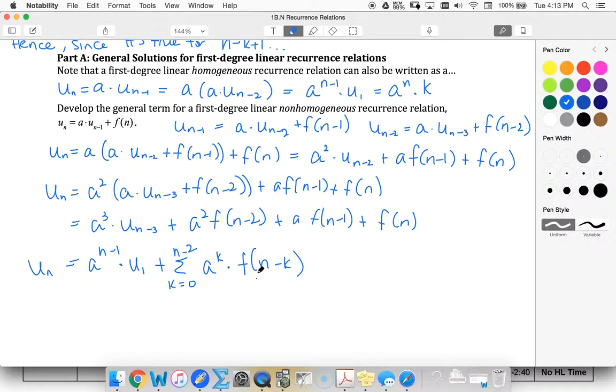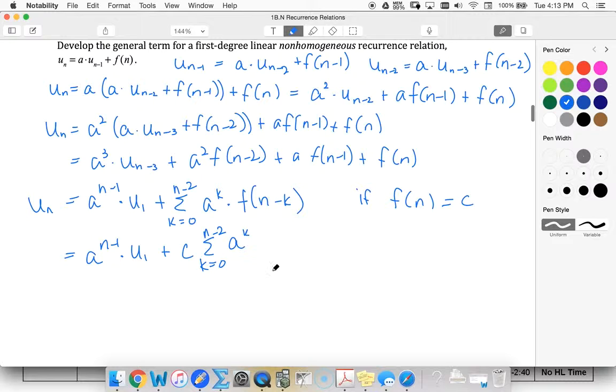So, for example, if f of n is some constant c, then we would end up with a to the n minus 1 times u1 plus c times the sum of k equals 0 to n minus 2 of a to the k. Well, this is just a geometric series. I know the formula for that.